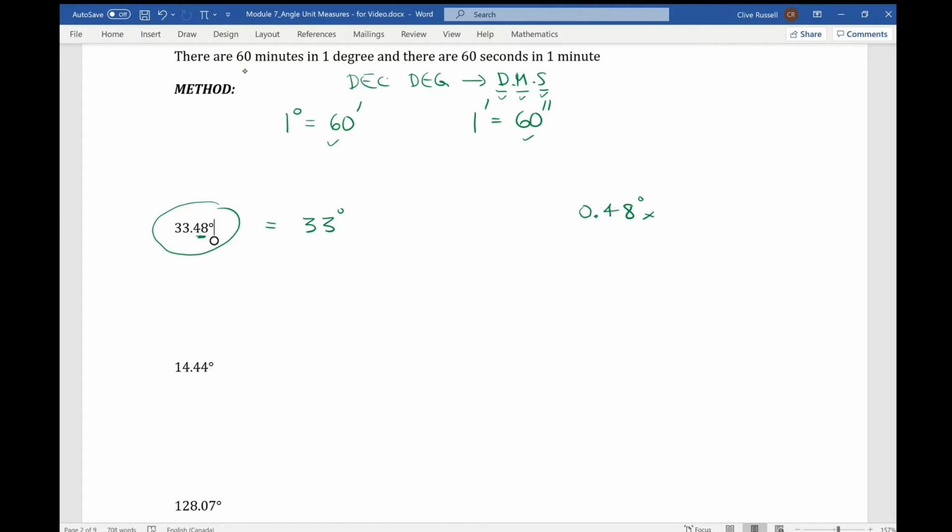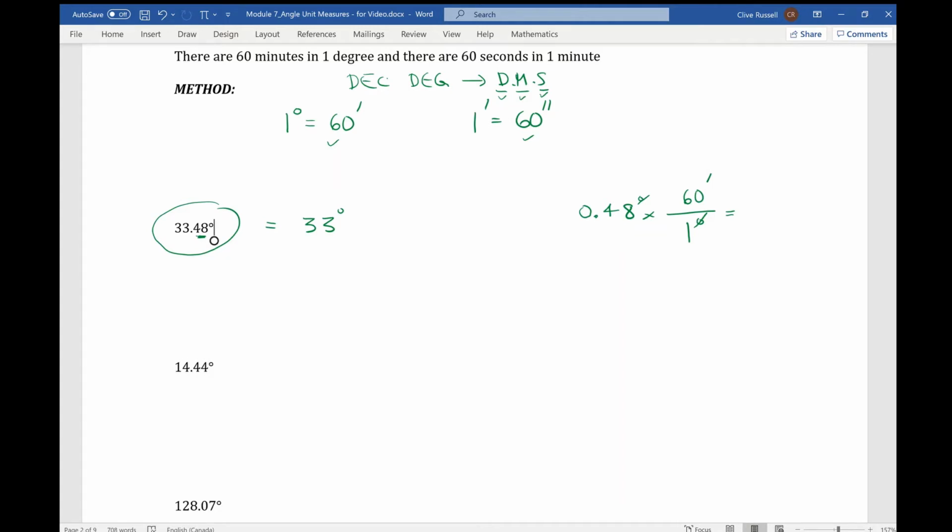Well, we know that 1 degree is 60 minutes. We have degree in the numerator, so now we use our unit factor and we have the degree in the denominator and the 60 minutes there. So our degrees will go, and then we multiply our 0.48 by 60, and I'm doing this as we go along.